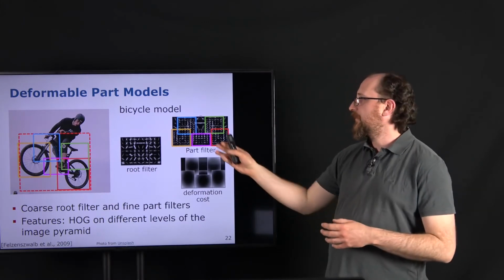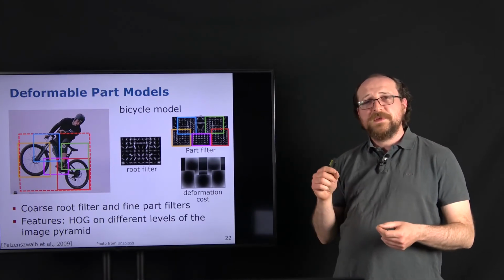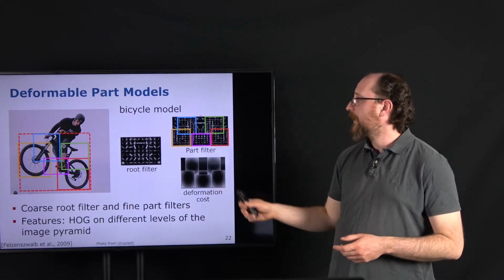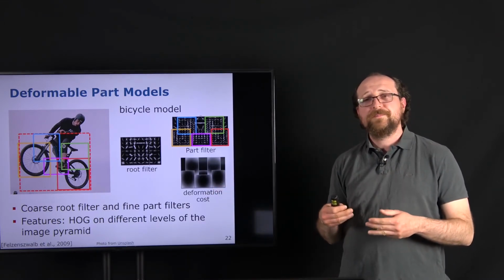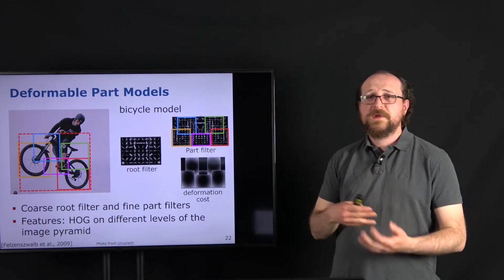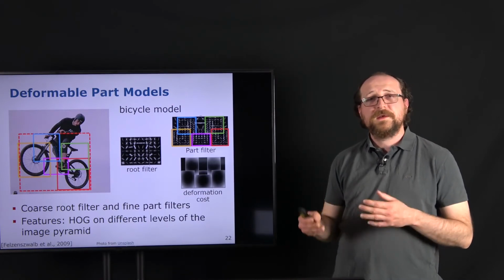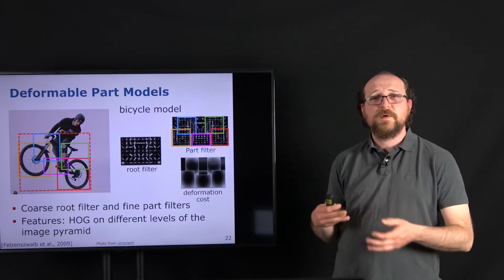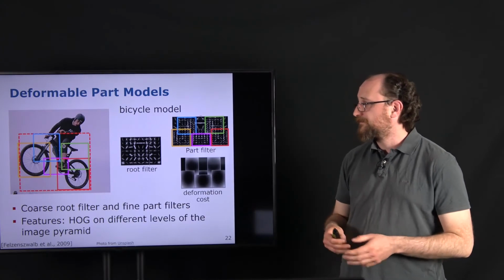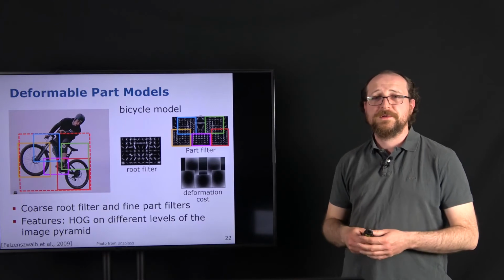And then you have very specific part models that capture the specific parts of the objects. And then you have the deformation costs to somehow encode where these parts could be located. Together, you get a very powerful approach that can distinguish very deformable objects and can also detect something like this bicycle here. And everything was driven by the HOG descriptor in the end.